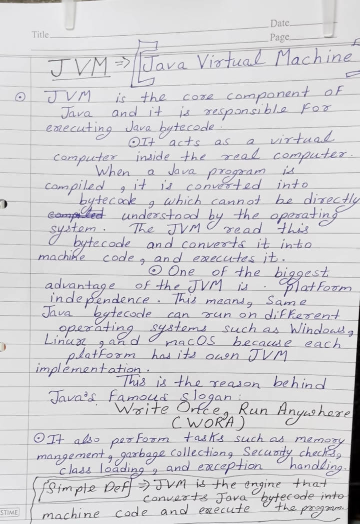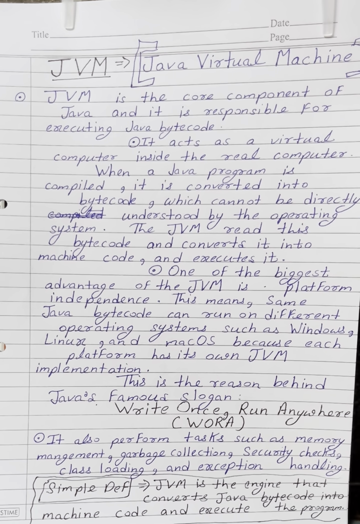And we can say that this is the reason behind Java's famous slogan, write once, run anywhere, which means one Java code can be run on multiple systems or devices, and it also performs various tasks such as memory management, garbage collection, security checks, and exception handling.